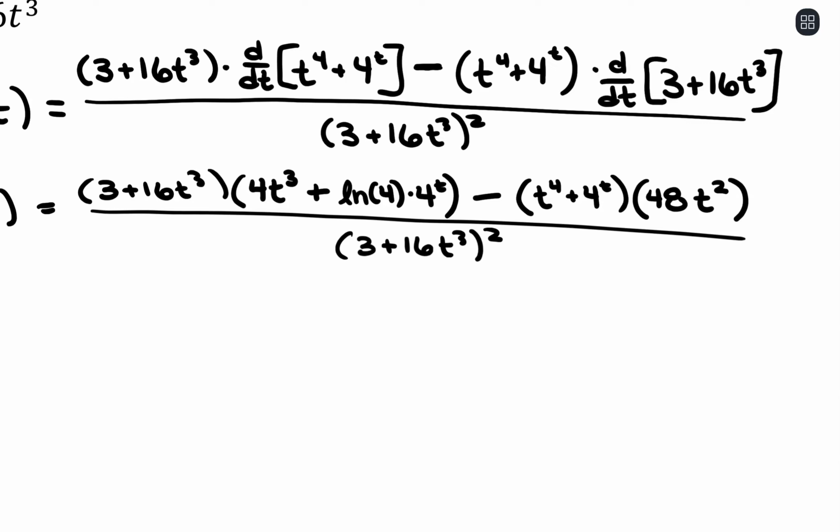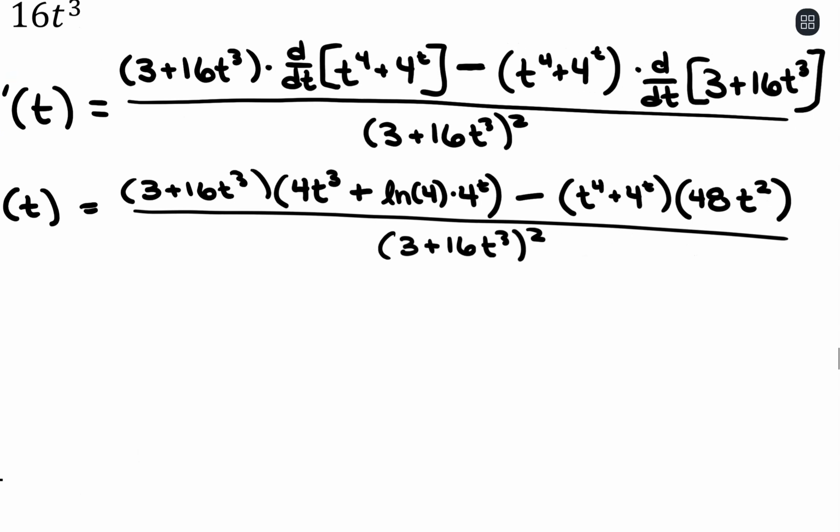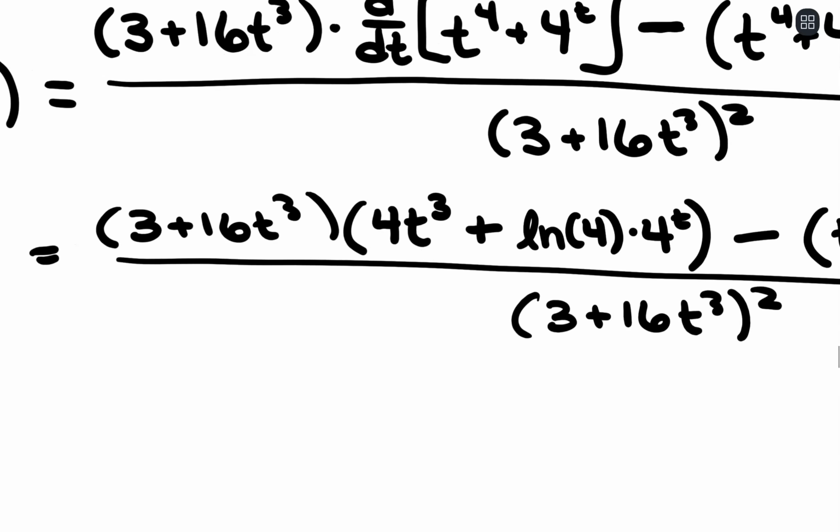All right, simplifying down, that becomes our next piece. So we've done the calculus part, and then it's just a matter of simplifying. So what I'm gonna do is up here, we're gonna distribute the 3 through, and then we're going to distribute the 16t cubed through.